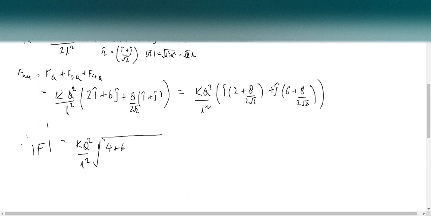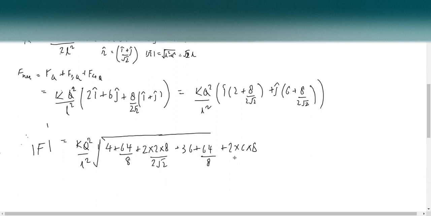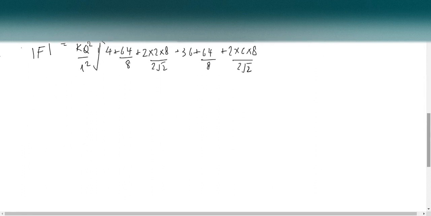So it will look like 4 plus 64 divided by 4 into 2 divided by 8 plus 2 into 2 cos 8 by 2 root 2, plus 36 plus 64 divided by the same 8 and 2 into 6 into 8 divided by 2 root 2. Okay, k q square by L square.